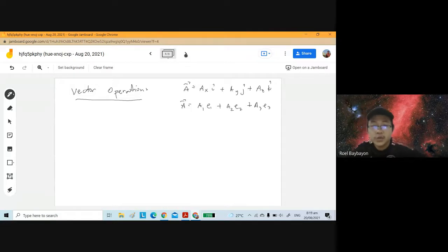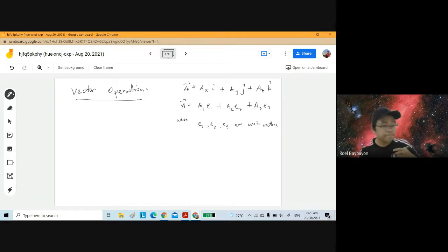Okay? Where A1, A2, A3 are the components of my vector, and E1, E2, E3 are called unit vectors. Okay? So instead of using I hat, J hat, K hat, we will use unit vectors E1, E2, and E3. Take note of that because we will use E1, E2, and E3 later.